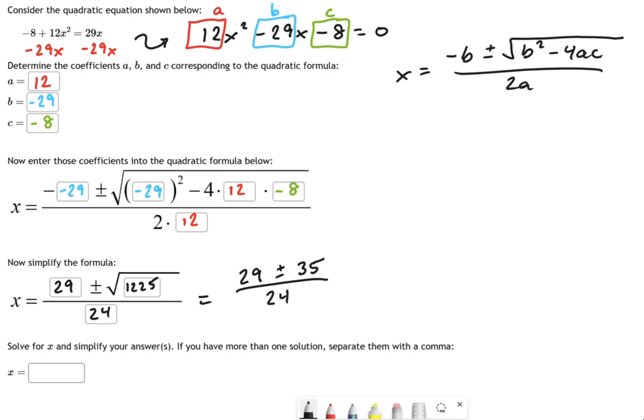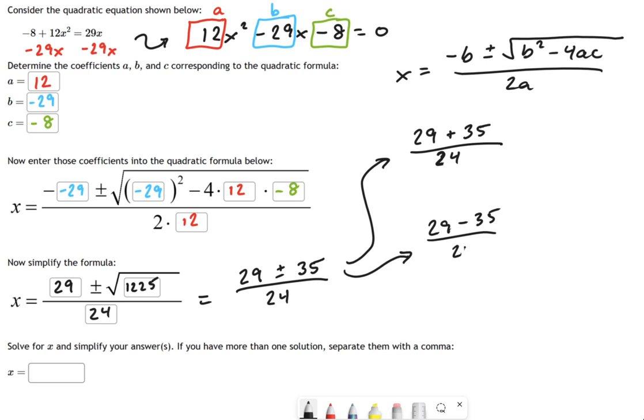Still looks a little busy, so let's break this up according to that plus or minus. I'm going to deal with the plus first. Doesn't matter what order you go in, you just need to get both. So one of my possibilities is 29 plus 35 over 24. And the other possibility is 29 minus 35 over 24.